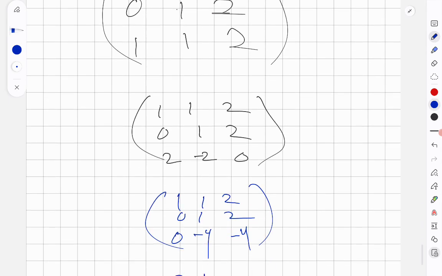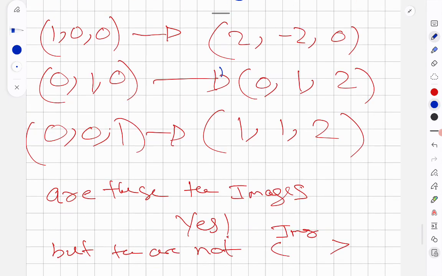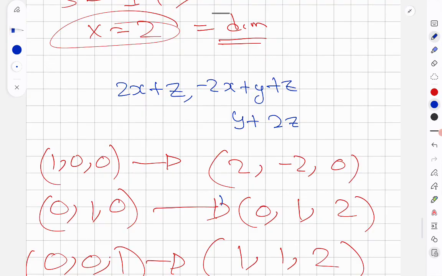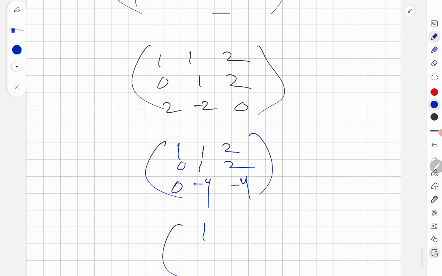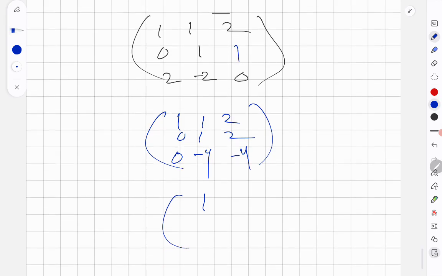I made a mistake over here. If you take 0, this is 0, this is 1, and this is also 1. So there was a mistake over here. Since it is 1, this is 1 1, this is 1 1, and now I can eliminate this one.